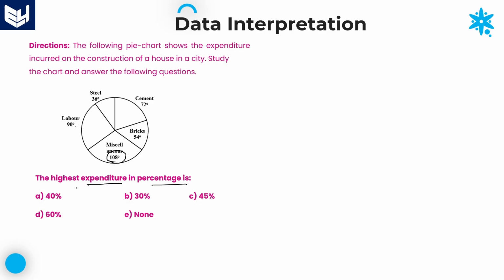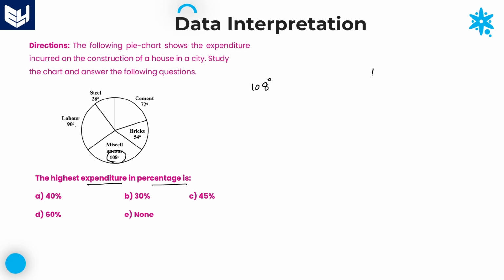Here the highest expenditure is 108 degrees, but we want that value in terms of percentage. So convert 108 degrees into percentage.